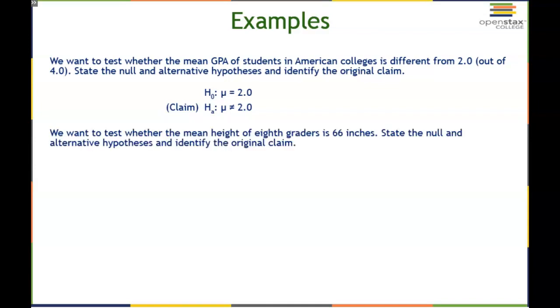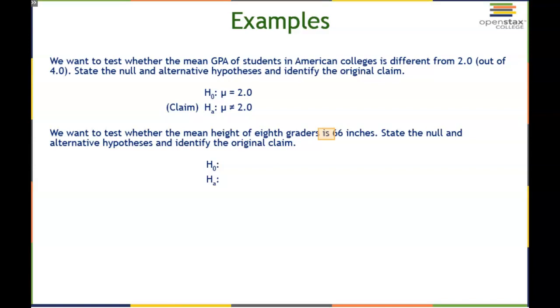Let's try another one. We want to test whether the mean height of 8th graders is 66 inches. We want to state the null, the alternative, and identify the original claim. So the mean height of 8th graders is 66 is another way of saying equals 66. So the mean equals 66. In other words, mu equals 66.